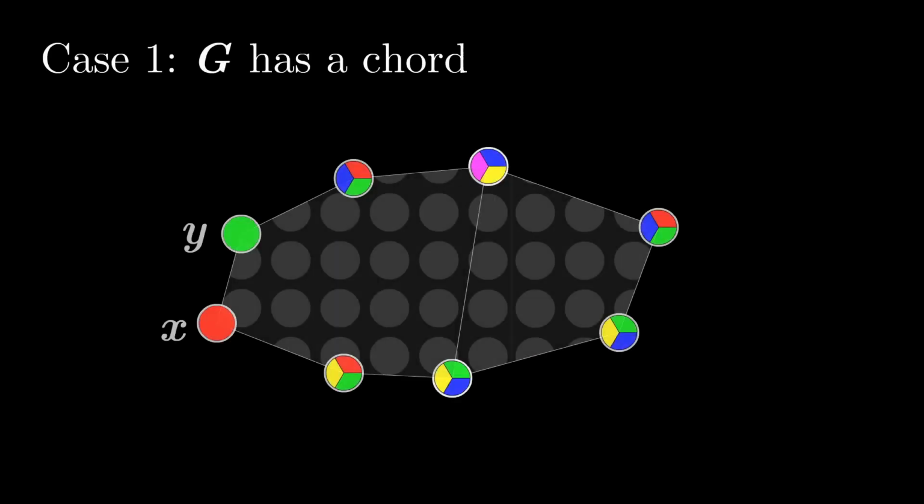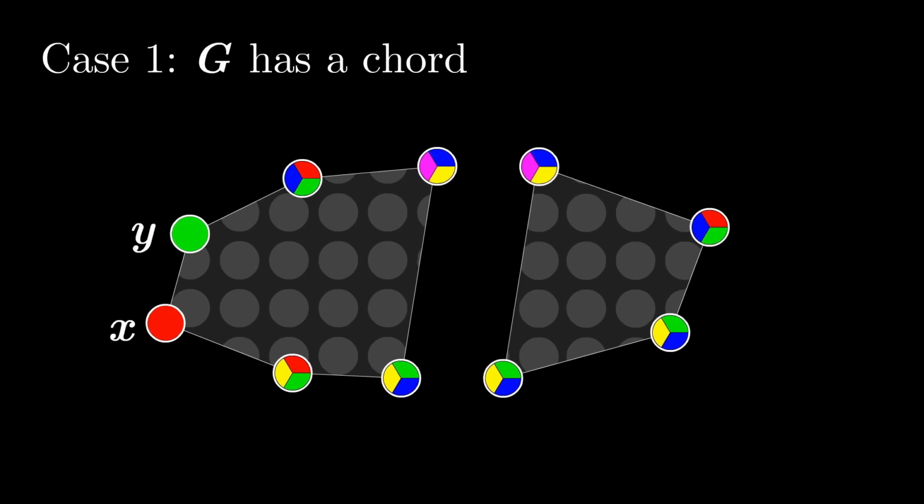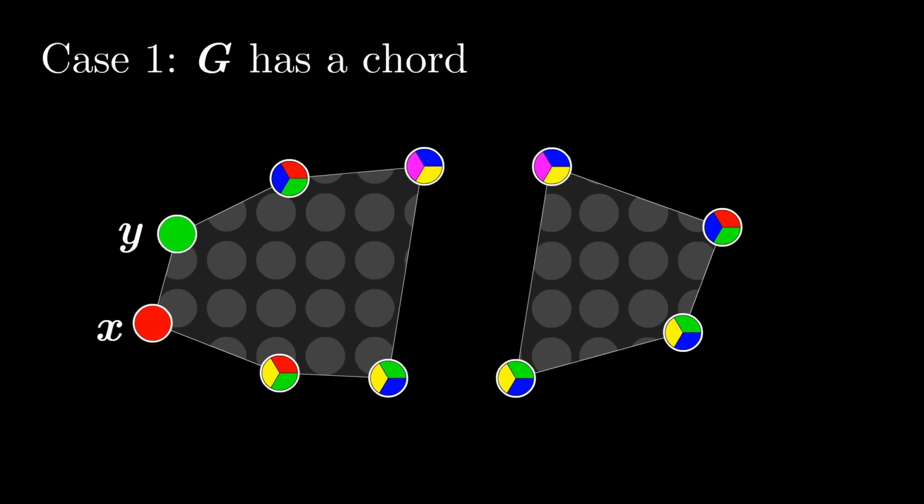The first one is when G has a chord, that is, an edge between 2 vertices of the outer face which is not in the outer face itself. Here, we can split the graph into 2 parts by the chord, duplicating the vertices of the endpoints of the chord. Now, by induction, the part which contains the vertices X, Y can be colored.